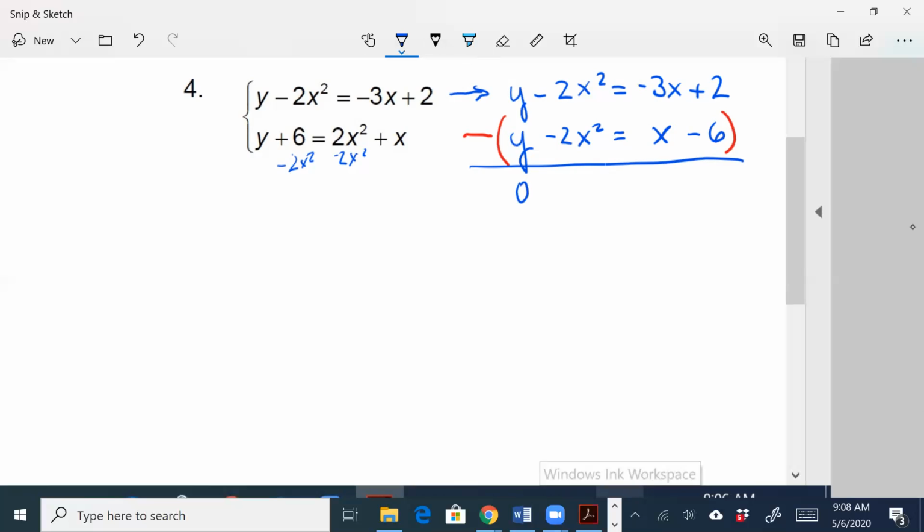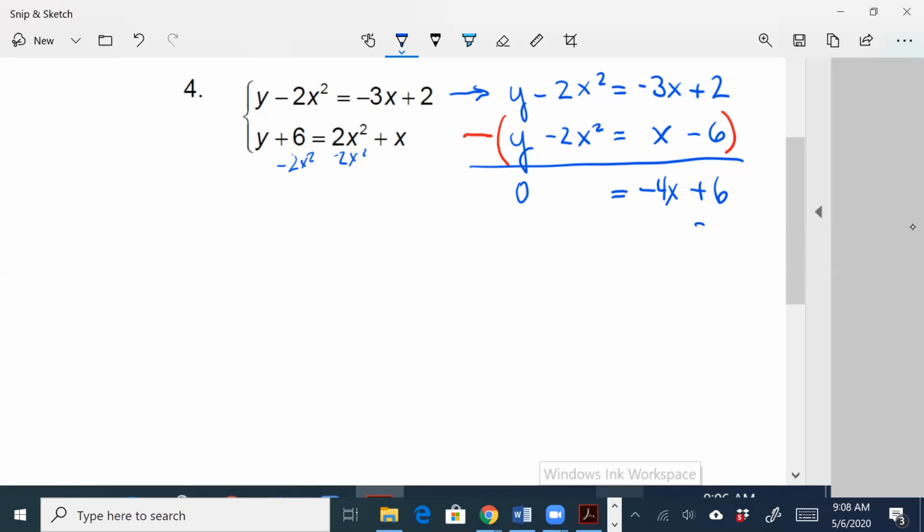And negative 2x squared minus a minus becomes plus, so that's plus 2x squared. And that cancels also, so it leaves 0 all on the left-hand side. And then negative 3x minus x becomes negative 4x. And 2 minus a negative 6 becomes plus 6.